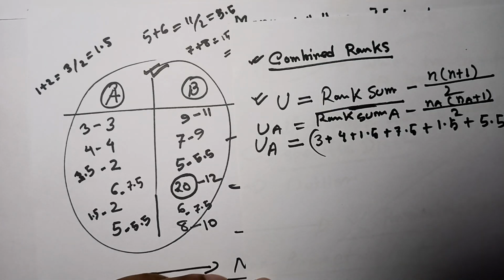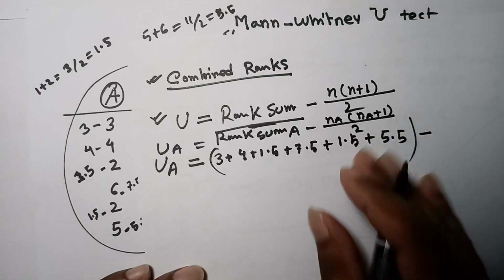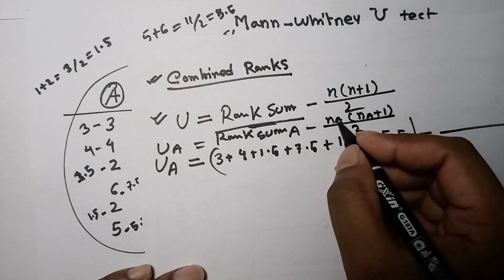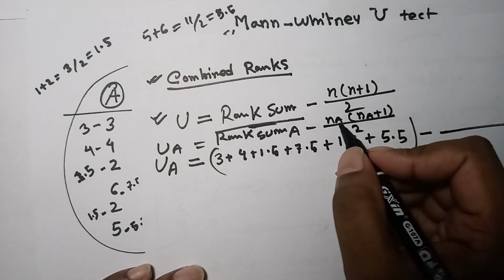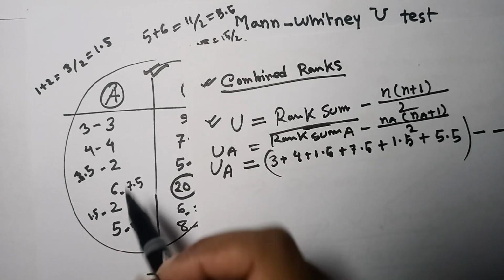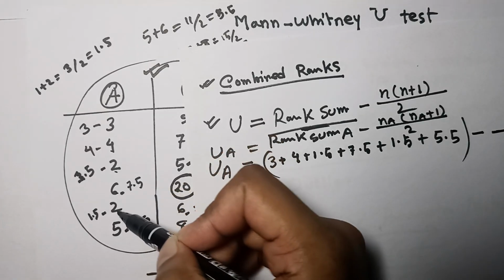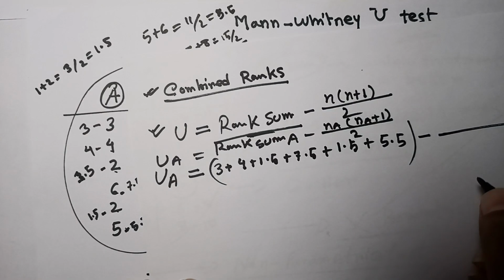So minus, what is the number of Na? Here Na is 1, 2, 3, 4, 5, 6.